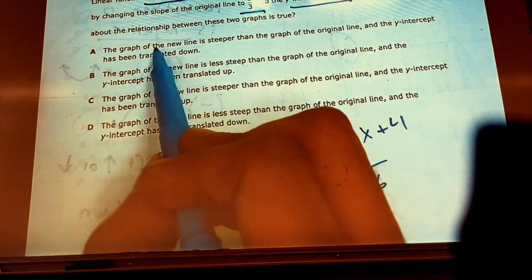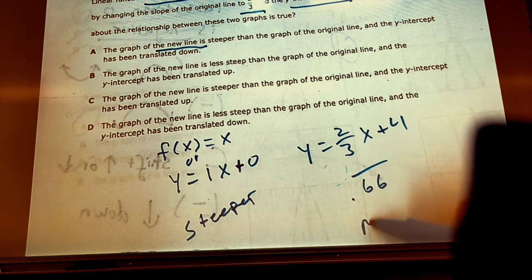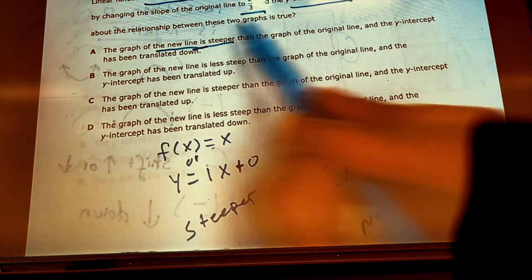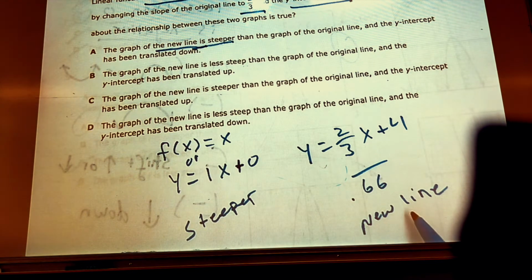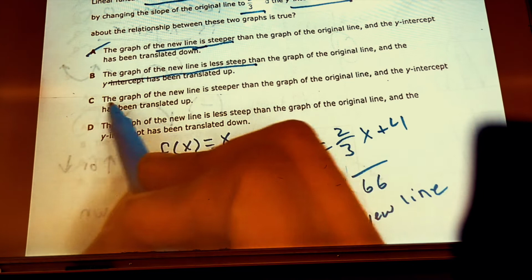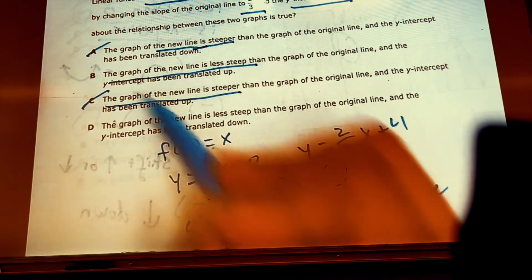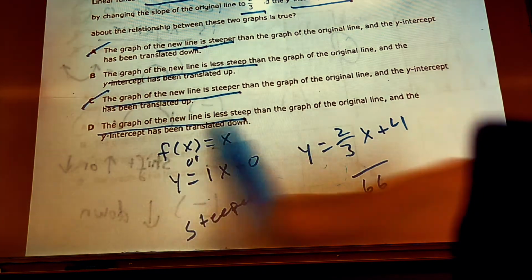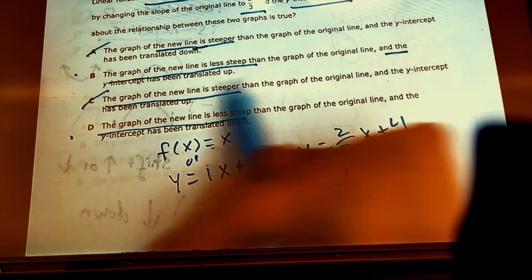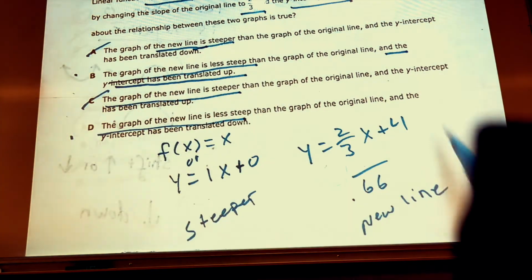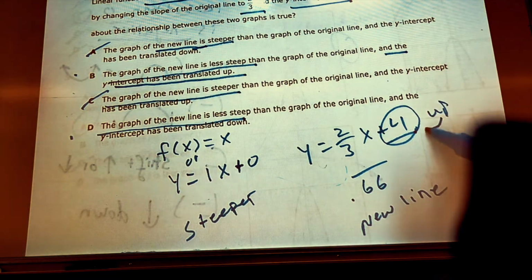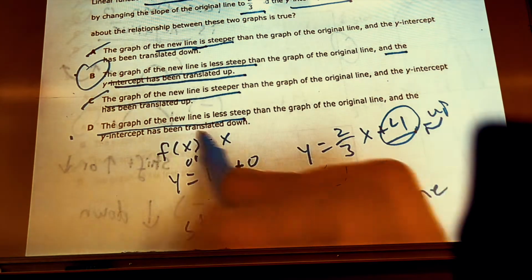The graph of the new line is steeper. Is that true? No. The graph of the new line is less steep. Yes. Between these two, fine. And the y-intercept has been translated up. Yes. It has not been translated down.